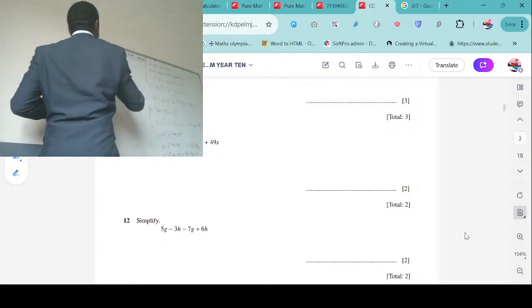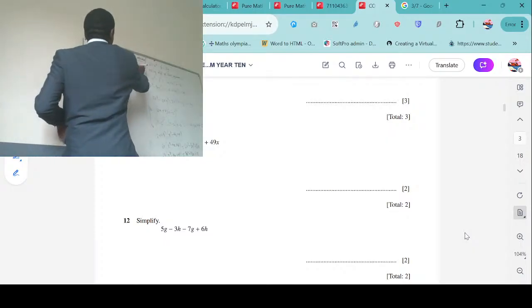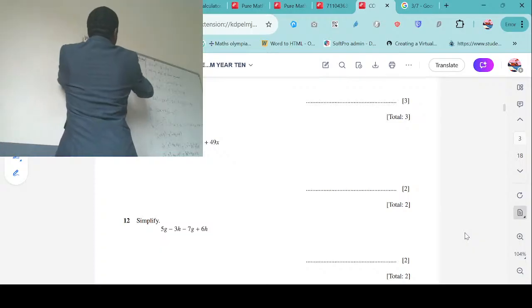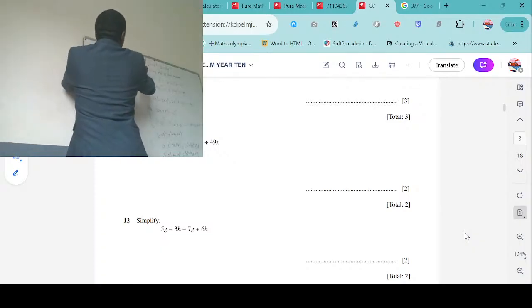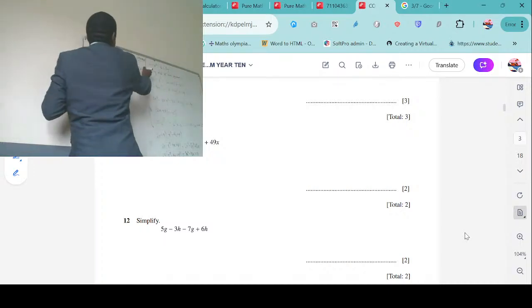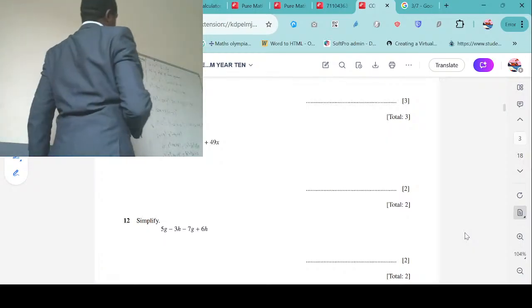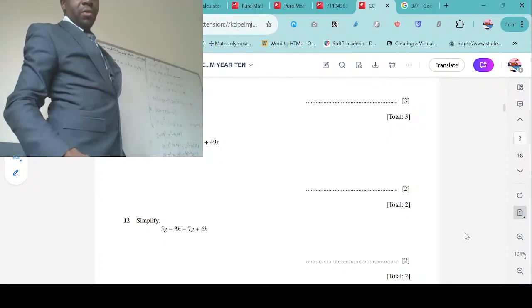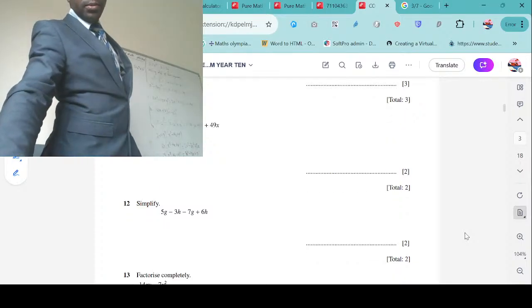So the factor is 7x. 14 divided by 7 is 2, x squared divided by x is x, so 2x plus 49 divided by 7 is 7, x divided by x is 1. Now we have 7x(2x plus 7). Can we simplify further? No, you can't do anything more. So that's 2 marks for that.